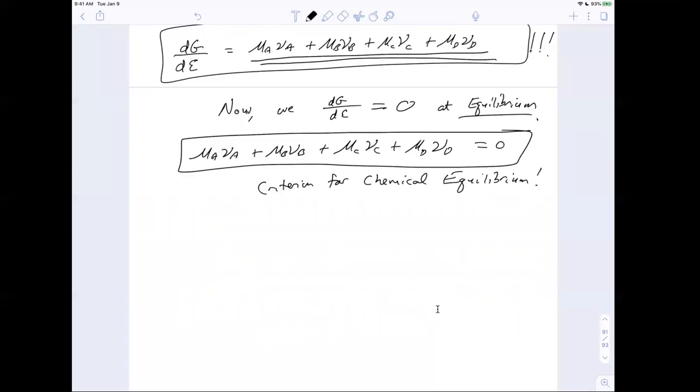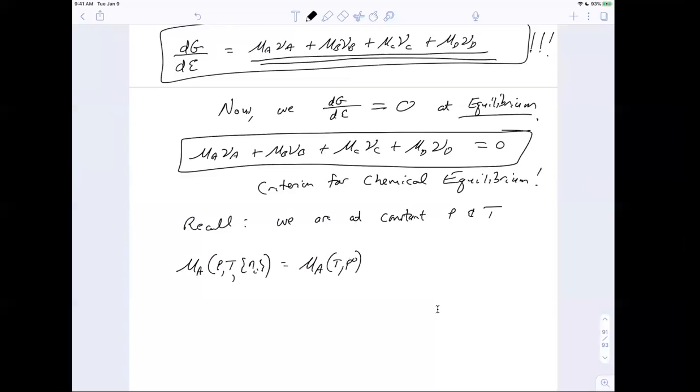Okay, and so we know that mu A, so again, recall, we are interested in temperature and pressure, T and P. We are at constant pressure and temperature T. Okay, so mu sub A, and of course we have all of these other moles, is just mu sub A at temperature T and some reference pressure, I'll tell you what that is in a moment, plus RT natural log of the partial pressure of A in this mixture now, divided by the pressure of A at that reference pressure.